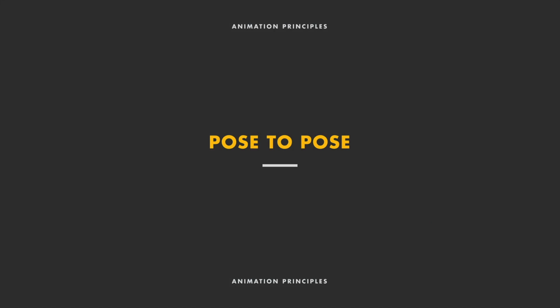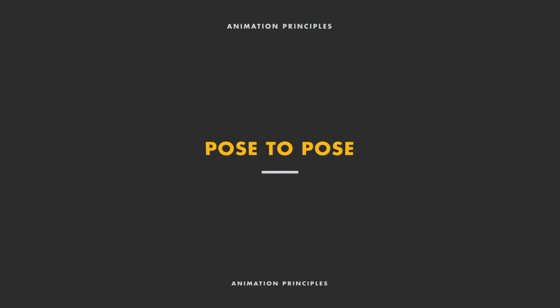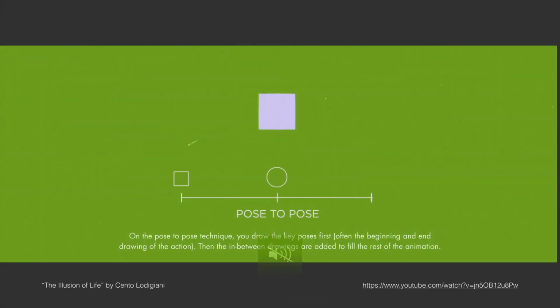Pose to pose is closer to what's happening in the animation software. It's closer to what is happening in After Effects, for instance, because it considers the poses, the key moments, first.